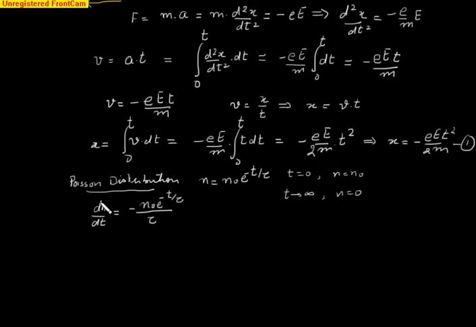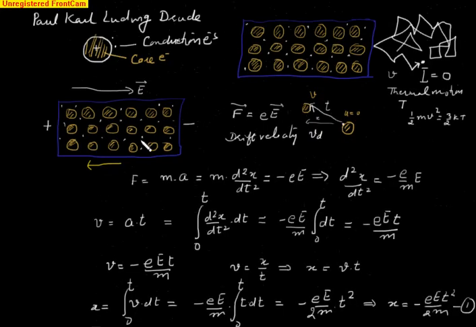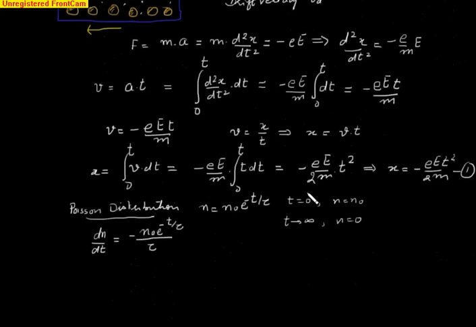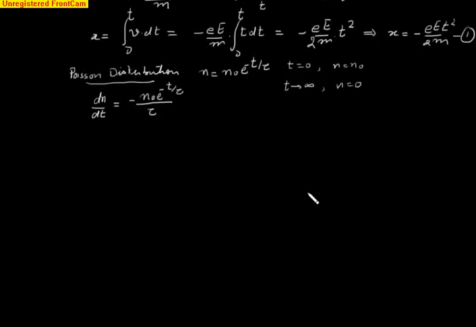Now if dn number of electrons in dt time move under the effect of applied electric field, it means they will also cover some distance along minus x-axis, and total distance covered by these dn electrons along x-axis in dt time can be determined by taking integration of this number.